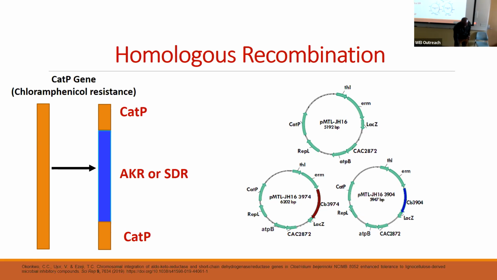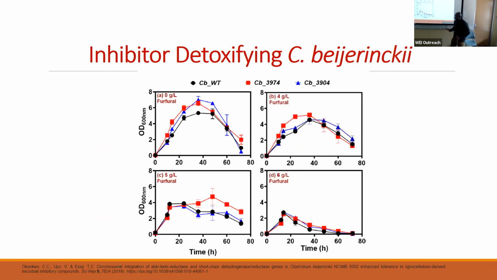Dock that into the organism. When you do that, we're able to knock out the gene responsible for chloramphenicol resistance, and we introduce extra copies of these two genes. They are found in the organism, but they are not expressed as much as we want. So we brought the two of them into the cell under the control of a very strong promoter. And we expressed that to see if we could quickly and robustly detoxify furfural.